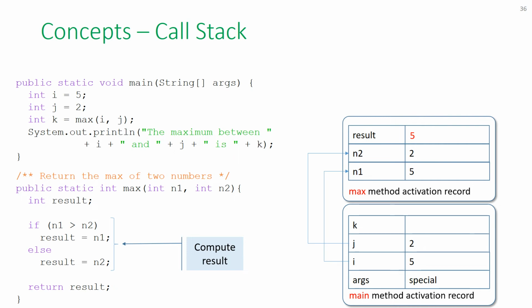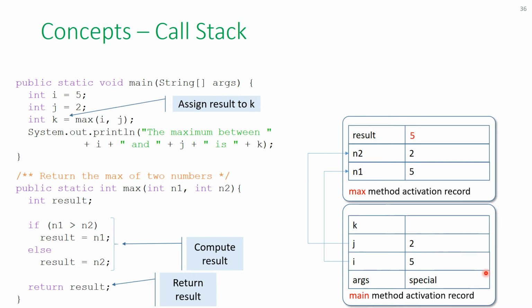So I'm going to return the value 5 to whoever called me. What do I do with all of this junk? I'm not going to keep it around. I'm not going to keep around a memory record of one day, 10 milliseconds after starting execution of my application, I called that method and this is what happened. Once the method is done executing, I don't need its activation record anymore, at least for that call to the method. If I call it again later, I'll create another activation record.